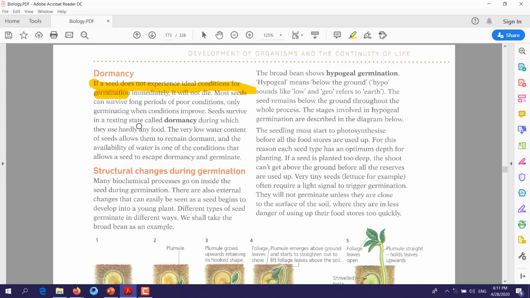Once the conditions improve, once the conditions are ready for germination, the seed will germinate. So a definition for dormancy: seeds survive in a rest state called dormancy, during which they use hardly any food. So dormancy is a state that represents a seed when it's inactive.